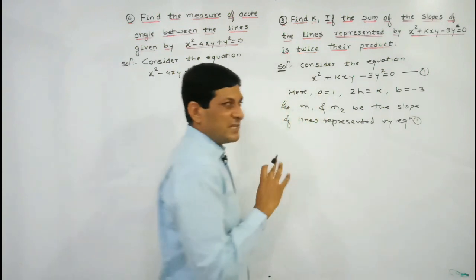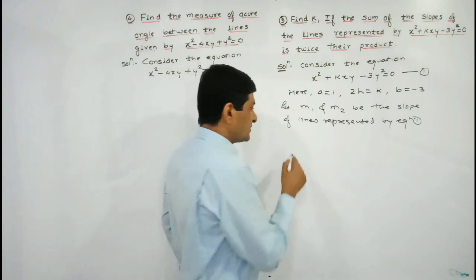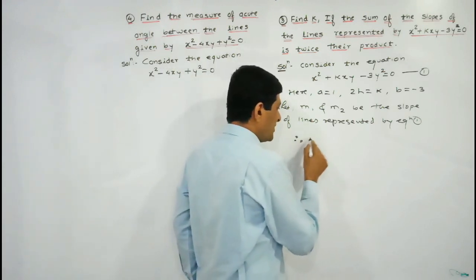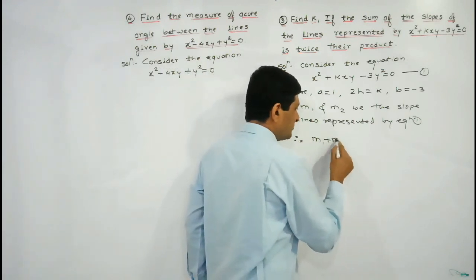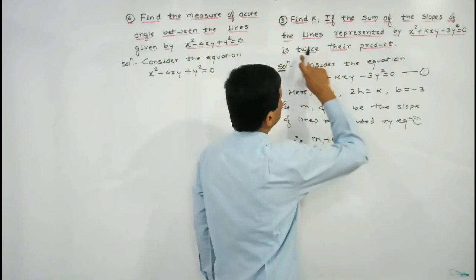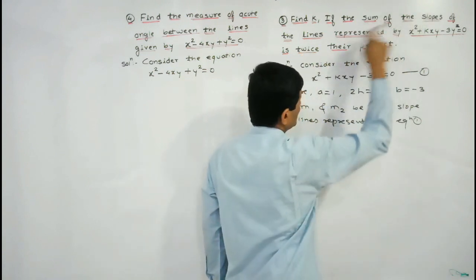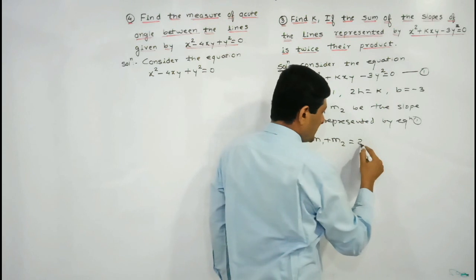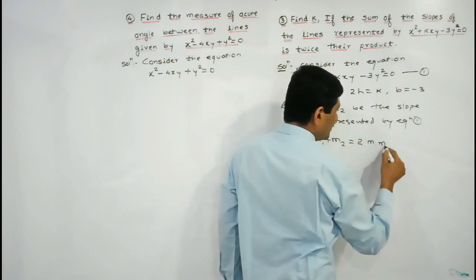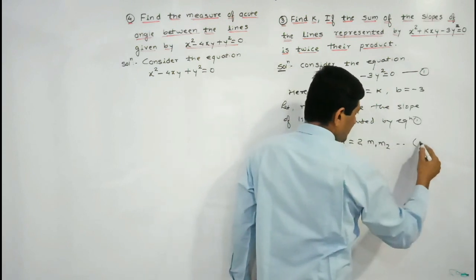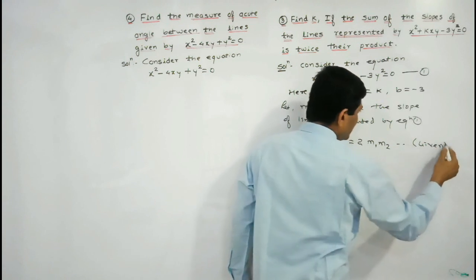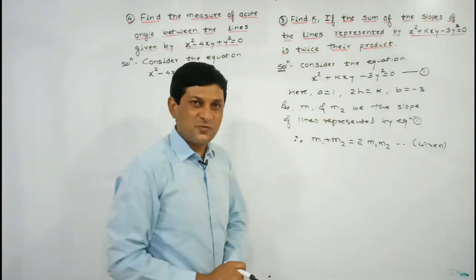Now we use the given condition. The sum of the slopes m1 plus m2 is twice their product, that is twice m1 into m2. This is the given condition in the example, and using it we find the unknown value k.